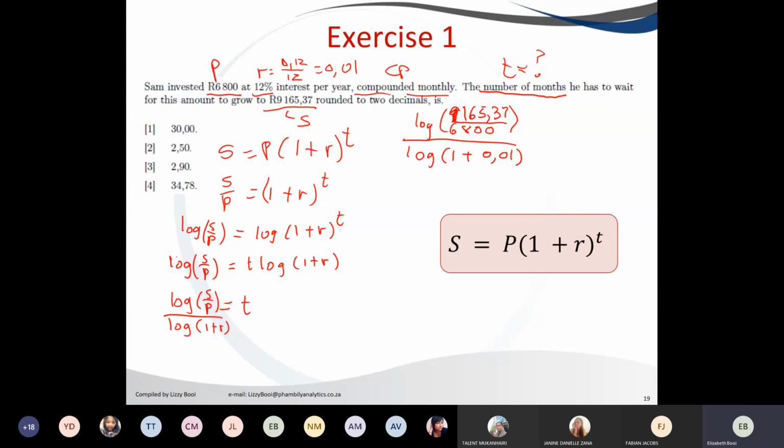And when you press the equal sign and you say second setup 00, if your calculator was in 4 decimals, you just say setup 002, and it will take you to 2 decimals, and the answer will be 30.00, and your T will be equal to 30.00, which is option number 1. And that's how you answer those questions when you're doing it manually in the exam as well.